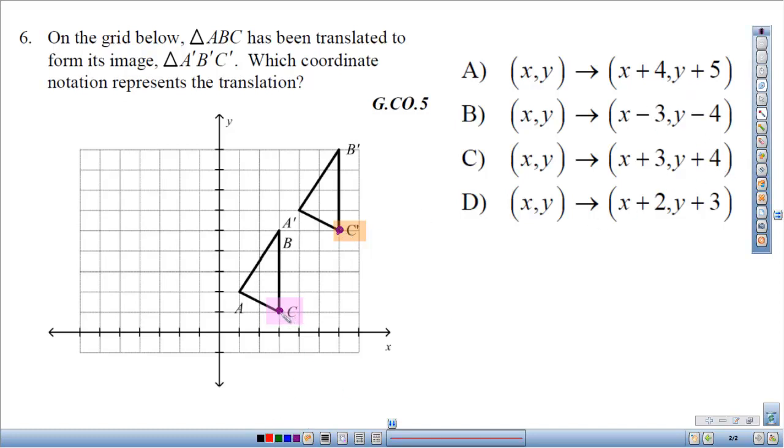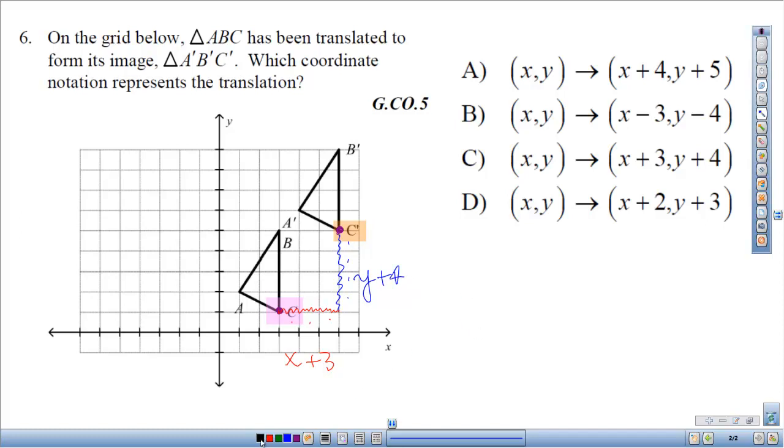So it looks to me like they needed to move over to here. So what is this, X or Y? This would be X, right? And how far over did it move? 1, 2, 3. So that's obviously an X plus 3. Okay, and then they moved that point up to that spot, so that's what, 1, 2, 3, 4, and because I'm traveling up, that would be a Y plus 4.